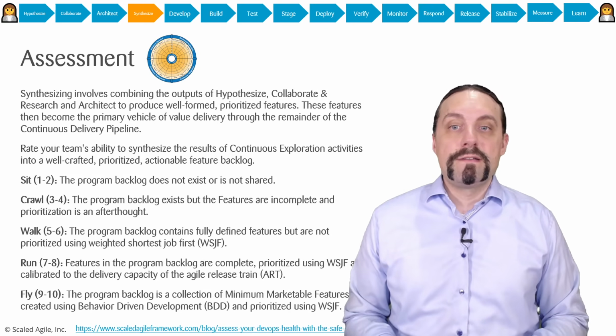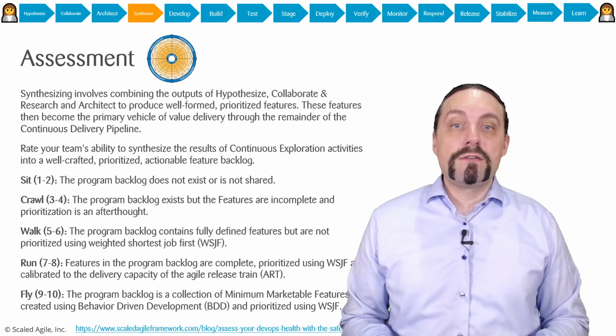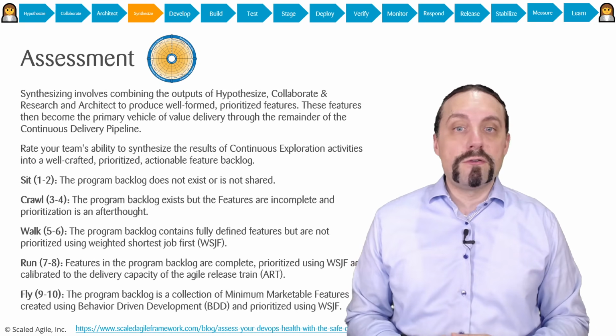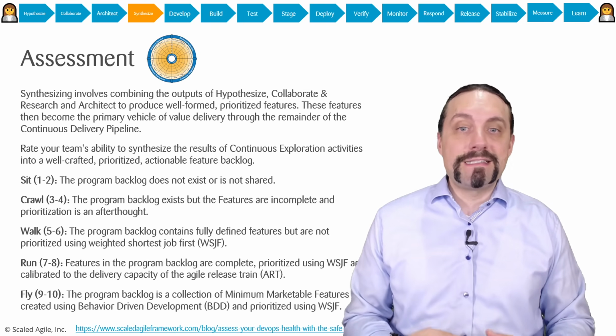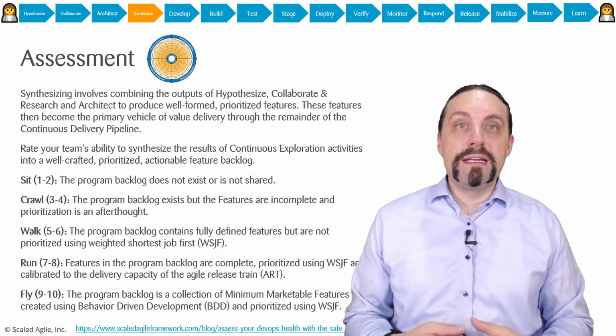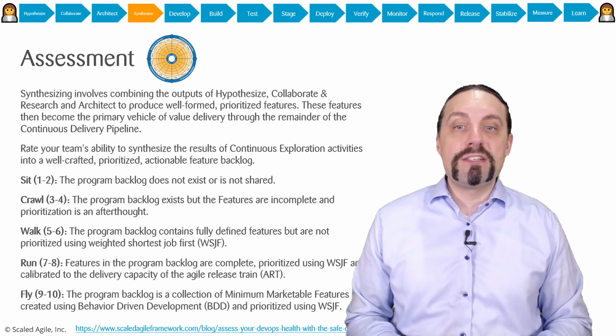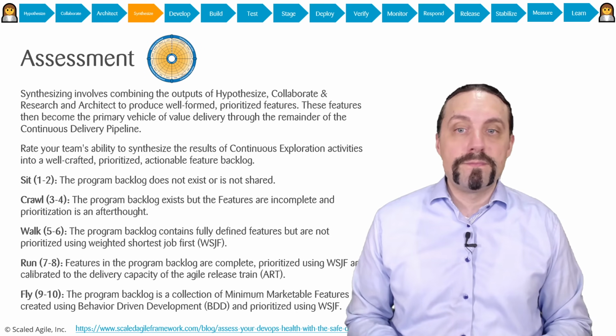You are a sit when the program backlog does not exist or is not shared. You are a crawl when the program backlog exists but the features are incomplete and prioritization is an afterthought.